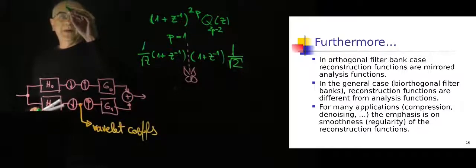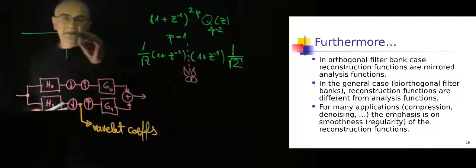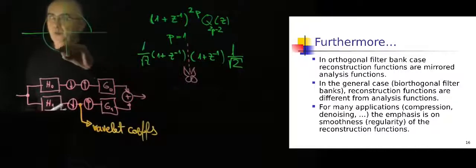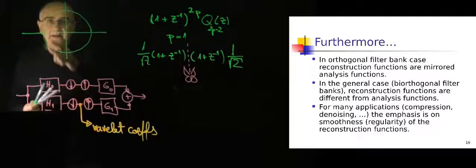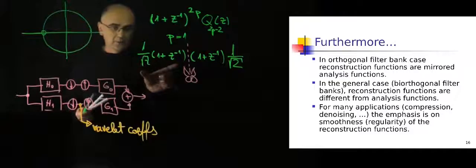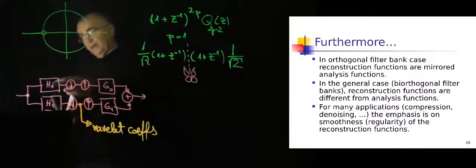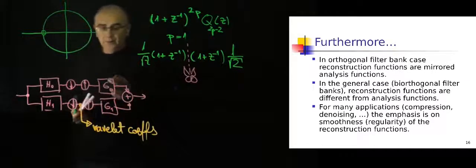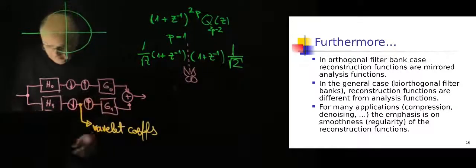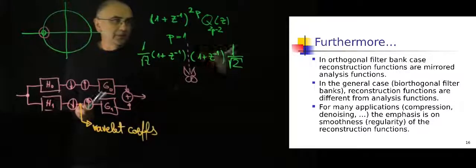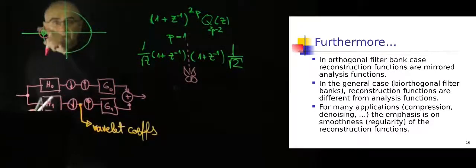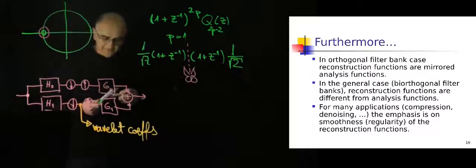One can expect that the low pass filter has one or more zeros at the Nyquist frequency. So one zero goes to the H0 filter and the other one goes to J0. I'm going to use different colors for that. So our product filter had 2 zeros at the Nyquist frequency. Okay.